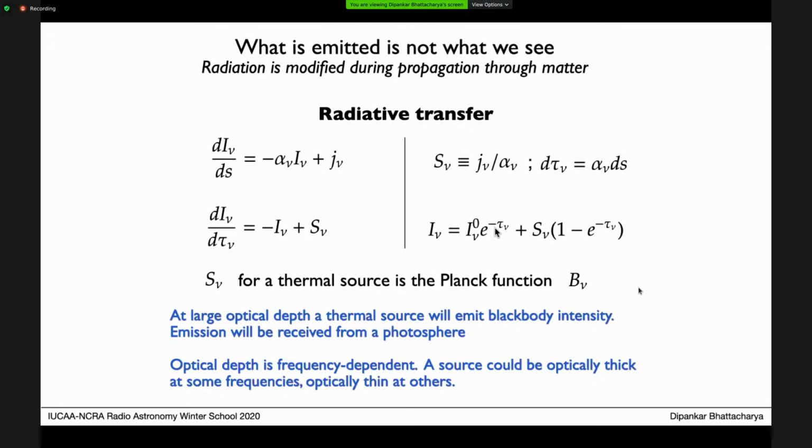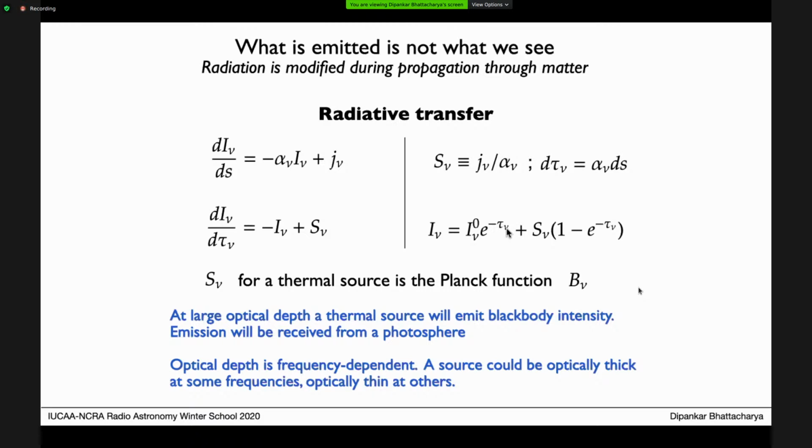So some radiation is absorbed and some radiation is added. So as tau nu tends to infinity, whatever was the incident radiation on the material gets completely absorbed.